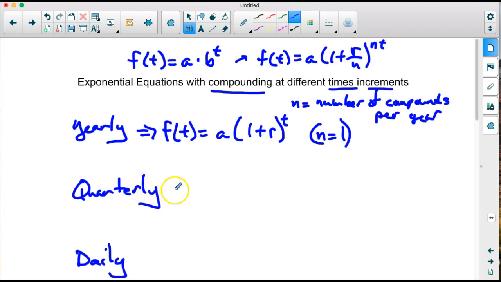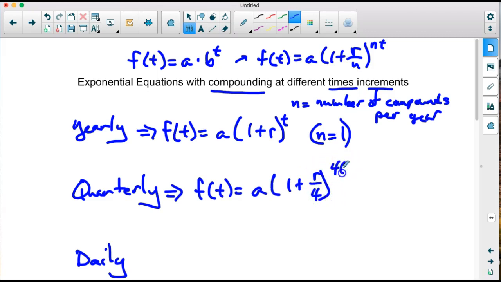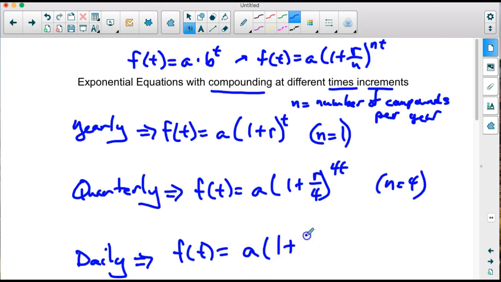Quarterly, n is going to equal 4, so our function is going to change to a times 1 plus r over 4, and then we're going to write 4t here. So n equals 4. Daily, f of t equals a times 1 plus r over 365, because we're doing it 365 days a year, and then 365t will be our power.